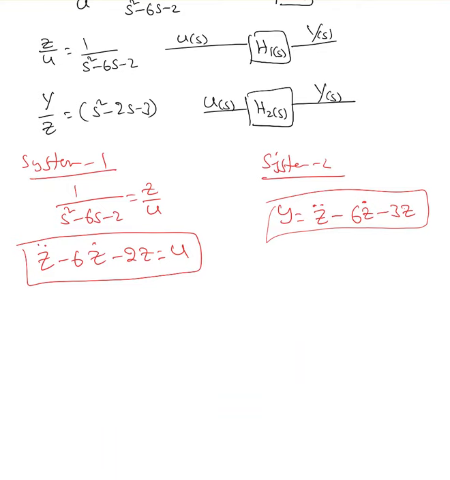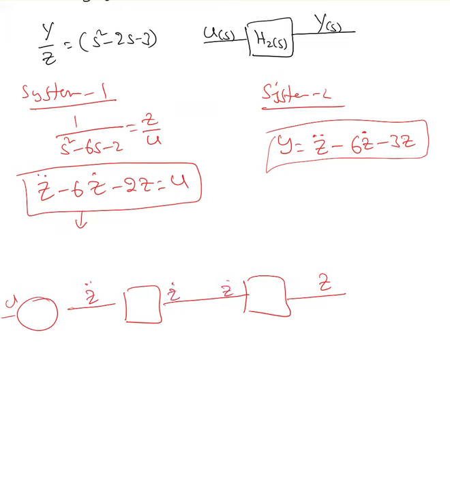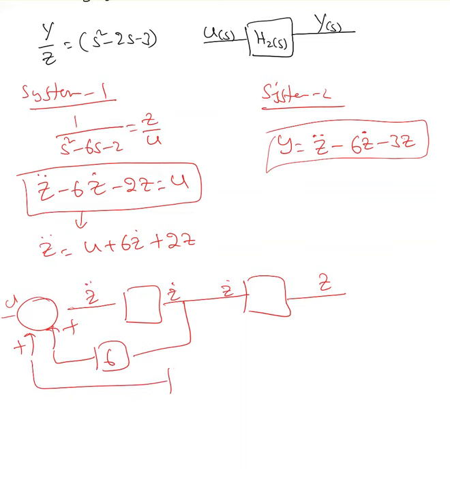Now I'm going to draw the simulation diagram for system 1. It has two integrals. Here is my z, here is my u. Here is z double dot, and z dot. Now to get z double dot: u plus 6z dot plus 2z. So I have 6z dot, that's a plus, and that's 2z.